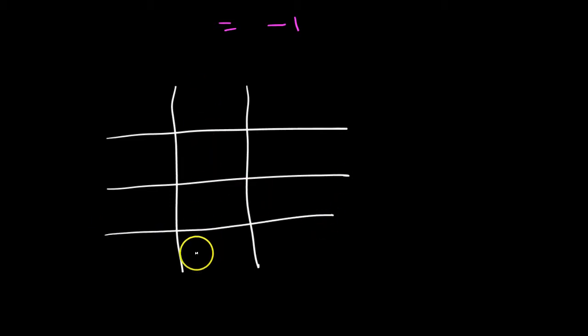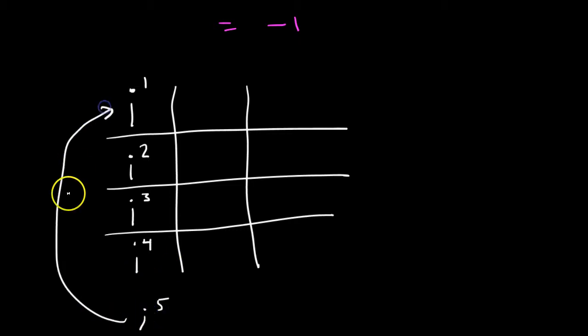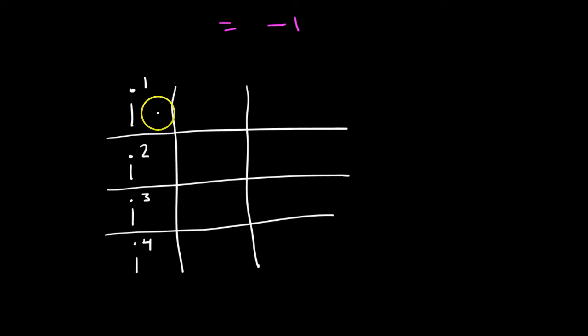There are only 4 possible answers, and they come from the first 4 powers of i: i to the 1st power, i squared, i to the 3rd power, and i to the 4th power. Because after this, it starts to repeat. i to the 5th power has the same value as i to the 1st power, and so on. So these first 4 powers of i will give us everything we need.